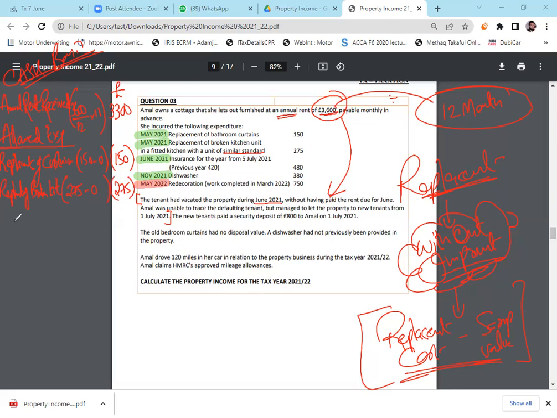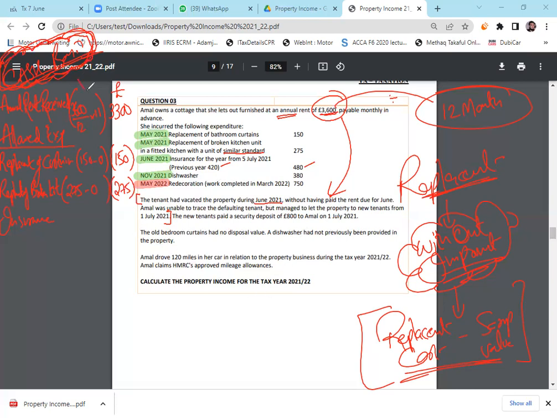Then insurance. There are two amounts of insurance given, one for this year and one for the previous year, 420 and 480. Which will you take? Aren't we going to divide it, like from April to December? Which basis are we following? Cash basis, so you are not allowed to do monthly working.